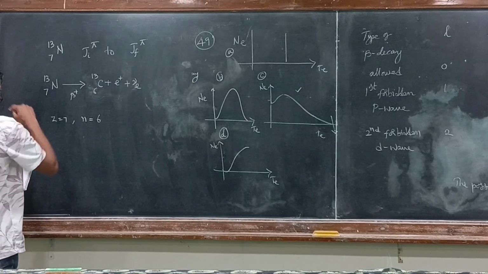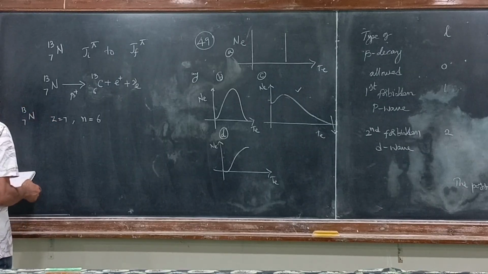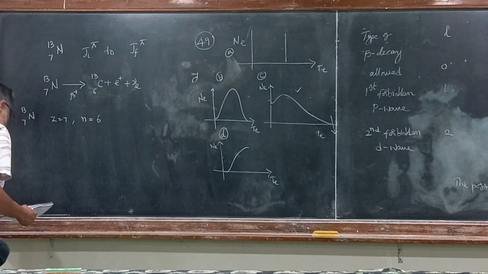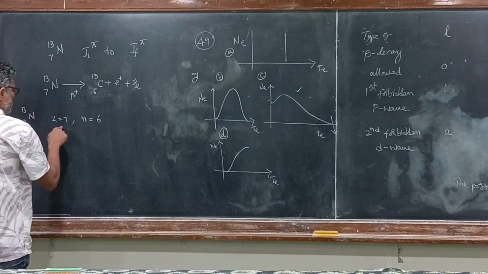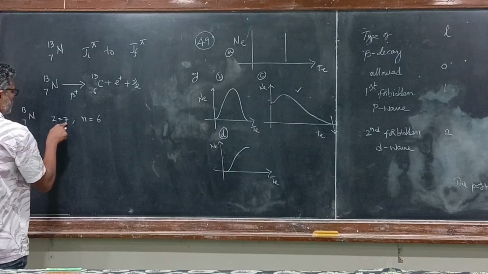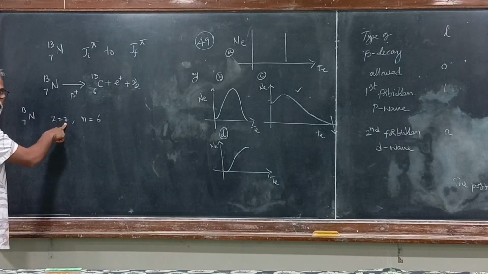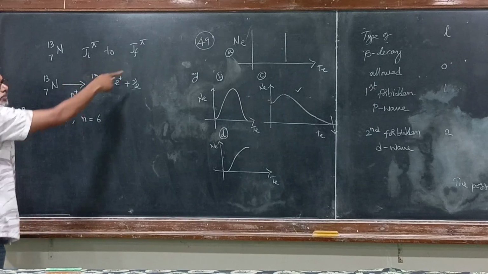So your N is this and this, basically only one proton which is unpaired. So the spin value of this one, if it is 7, what is the spin value? Because we need to find out the spin and parity value.